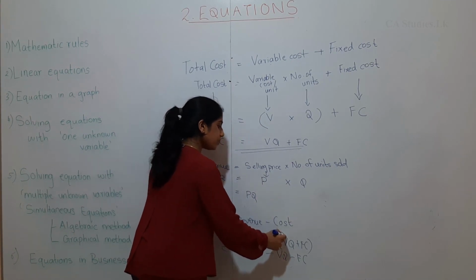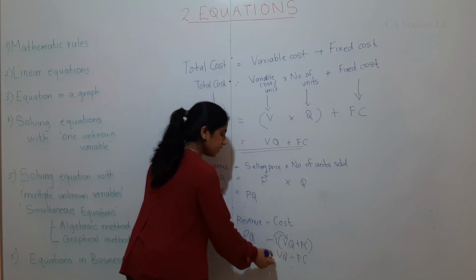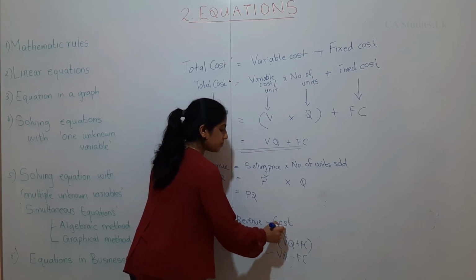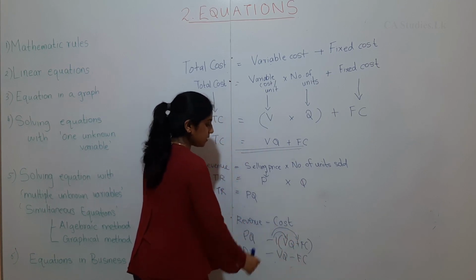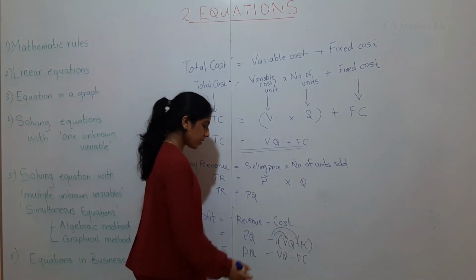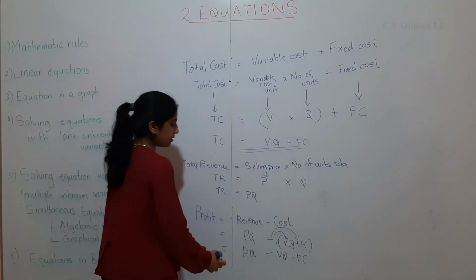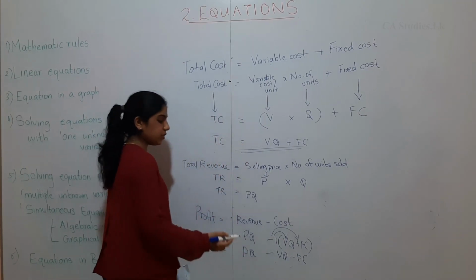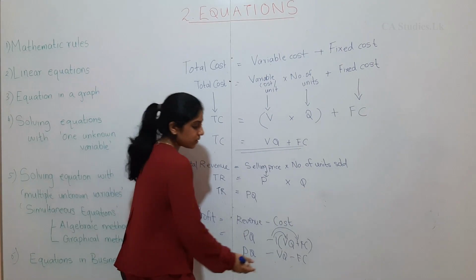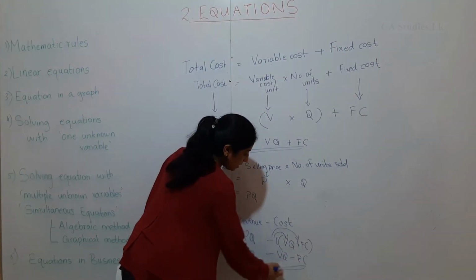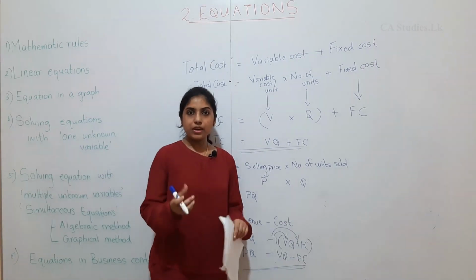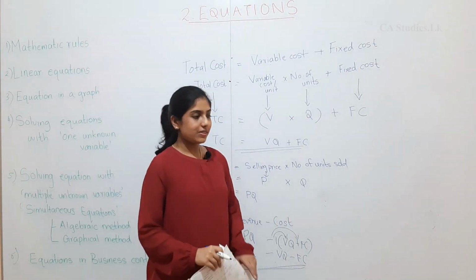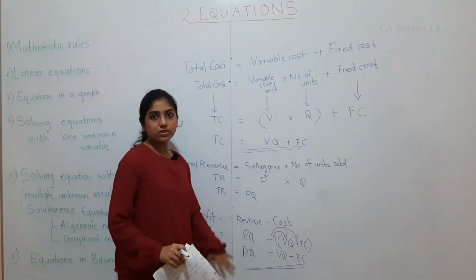Minus 1 multiplied by VQ is minus VQ, and minus 1 multiplied by plus FC is minus FC. As a result, profit equals PQ minus VQ minus FC. They might juggle it around and ask you to present the final formula. So this is what they expect you to learn.